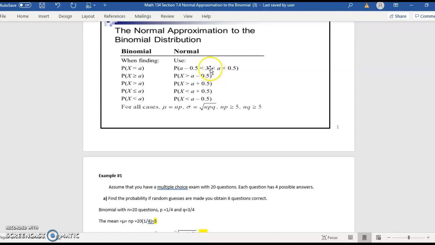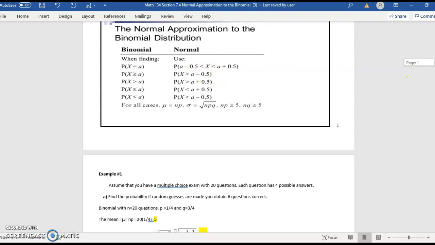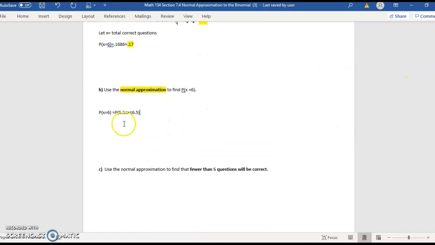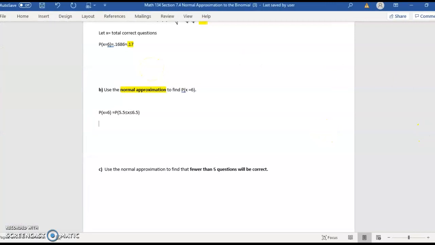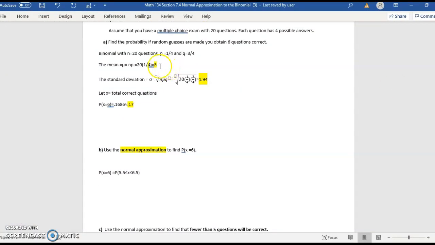So as we go to the normal approximation, from 6, you're going to be subtracting 0.5, so that's 5.5, and then adding 0.5, so that's 6.5. Now, as we run the actual approximation within the normal, you're going to be evaluating those two for the parameter.